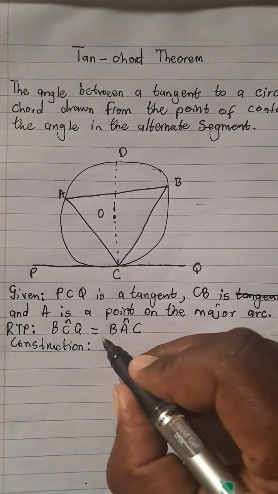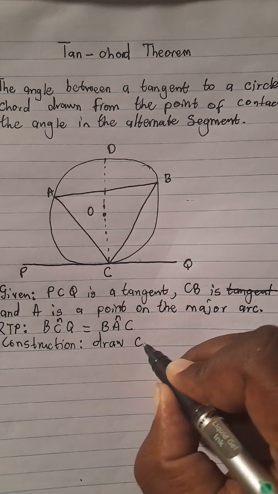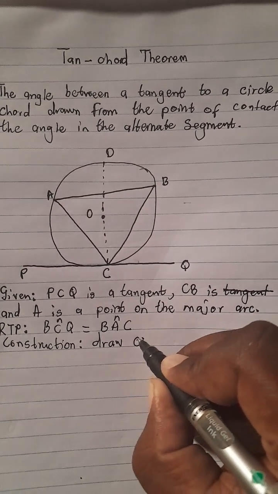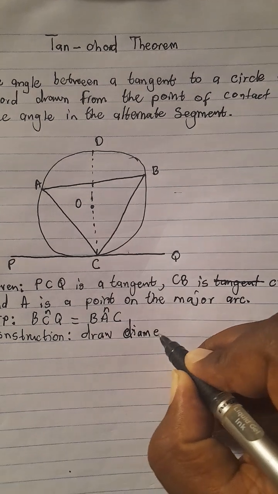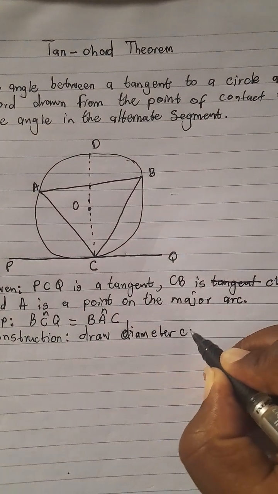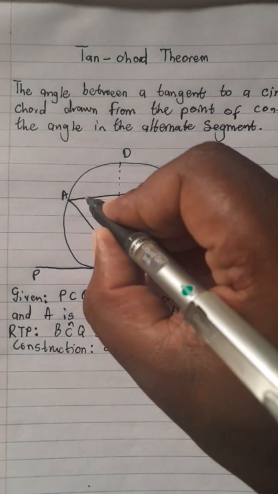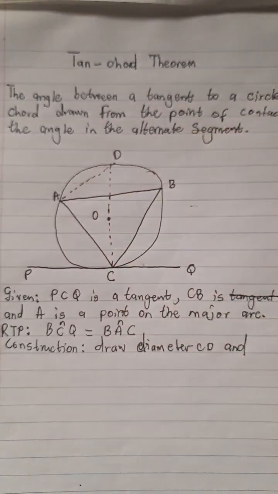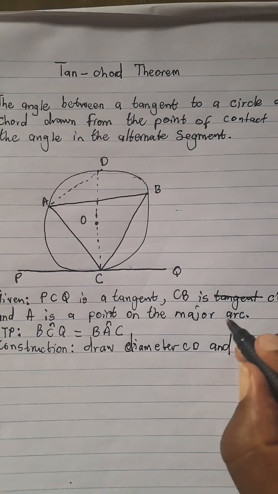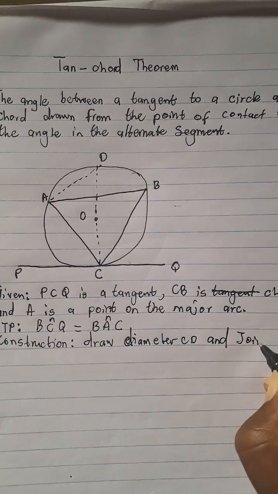So in other words, you draw diameter CD, and we will also join AD.